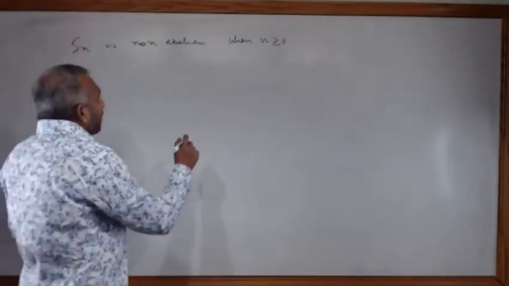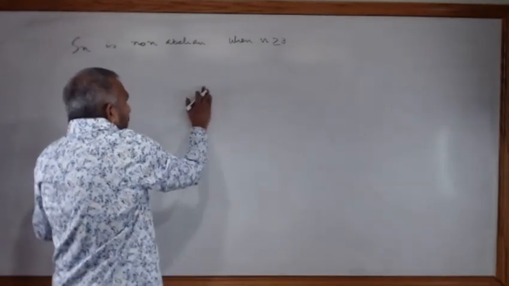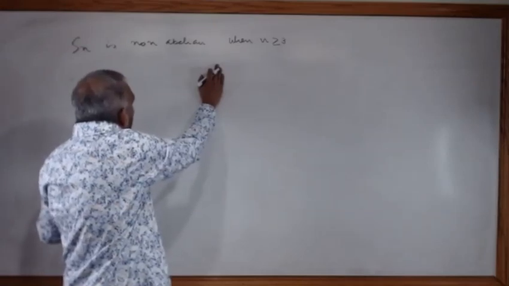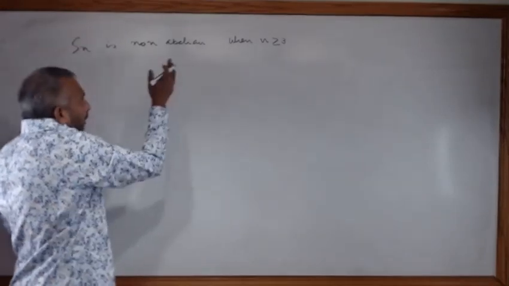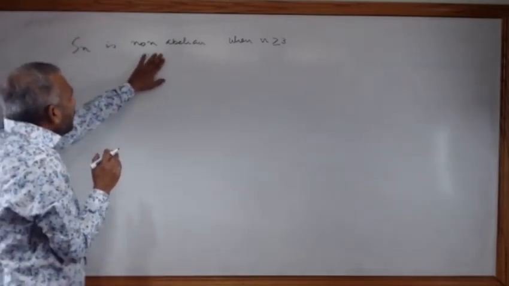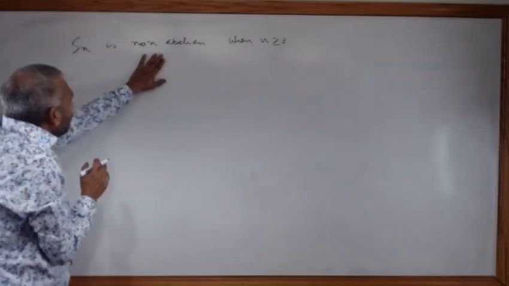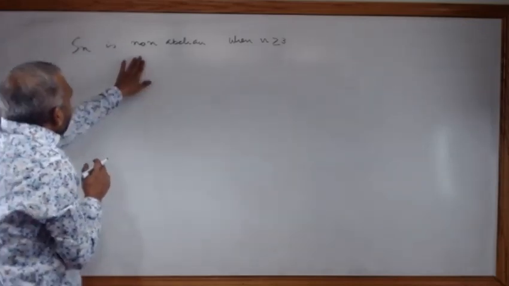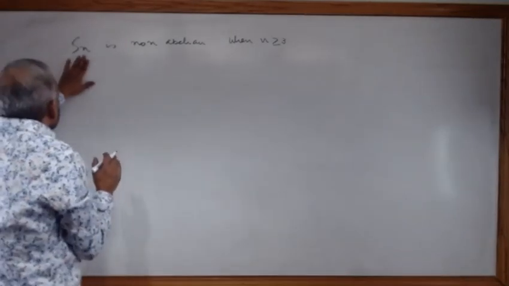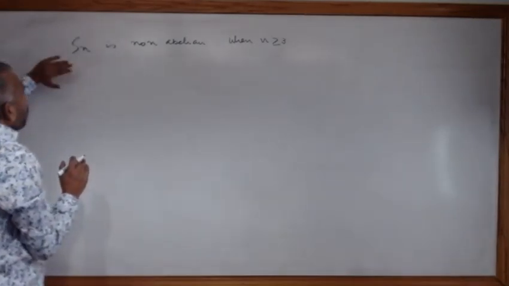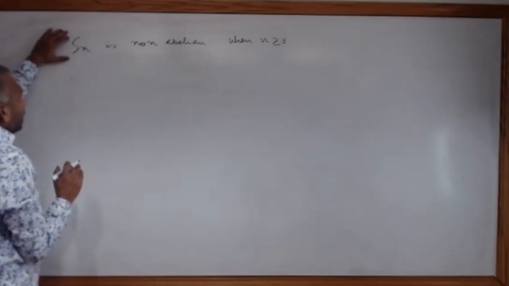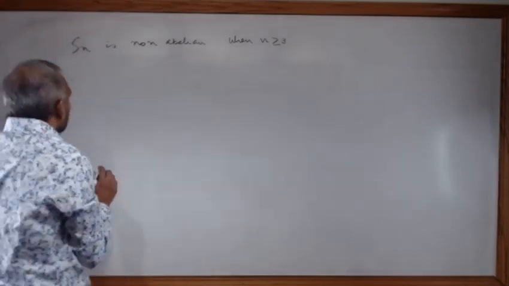We know that if n is equal to 2, it is abelian because there are only 2 permutations in S2 and they commute. So to prove that Sn is non-abelian, what we need to do is find 2 permutations in Sn that will not commute.